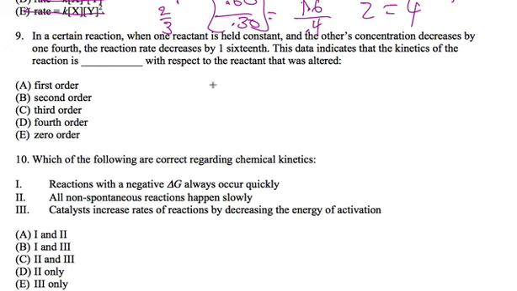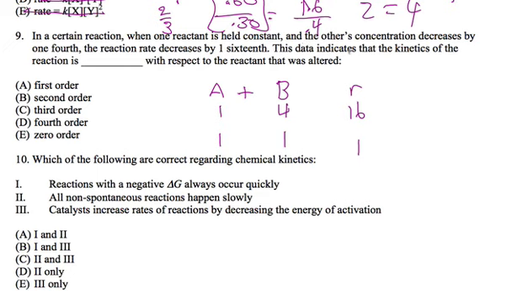In a certain reaction, when one reactant is held constant, so we have two reactants, A plus B, let's keep this at 1 and 1, and the other concentration decreases by 1/4. So let's make this 4 and 1. The reaction rate decreases by 1/16, so let's make this 16 and 1.